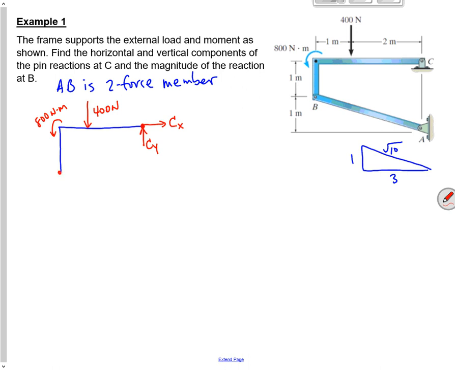But now what about down here at B? Well, it's connected to member AB. Therefore, this force down here at B is going to be in the direction of AB.